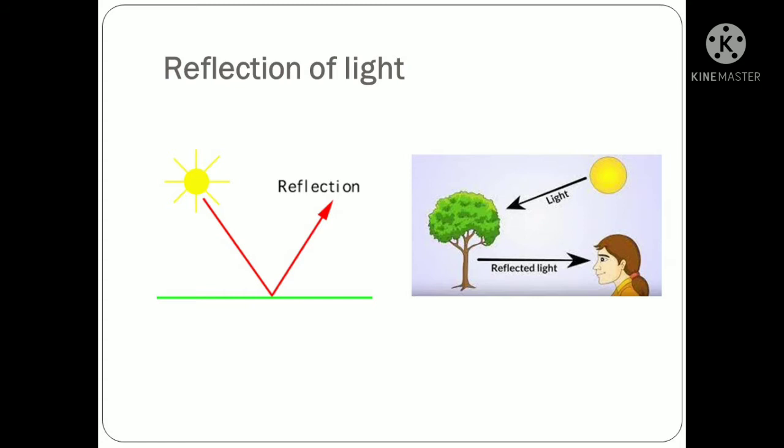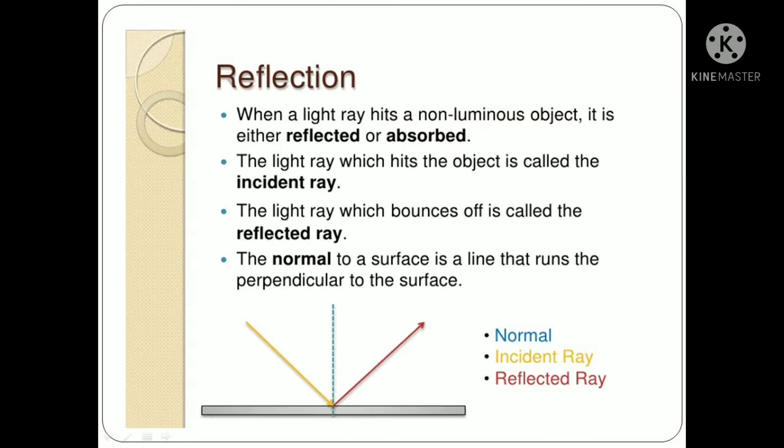Now in front of you, reflection. When a light ray hits a non-luminous object, it is either reflected or absorbed. What do non-luminous objects mean? Luminous and non-luminous: a luminous object gives off light itself.